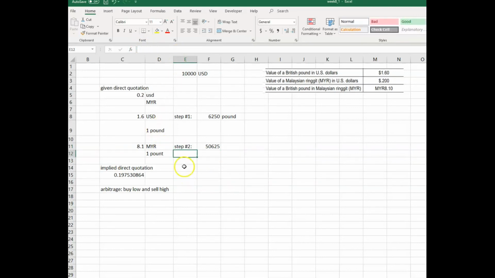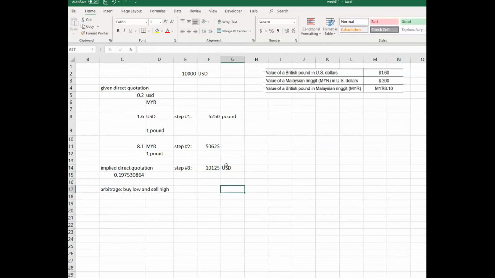Step three, we have to convert it back. We convert it back by using 0.2, so this is times 0.2. So this is our US dollar.